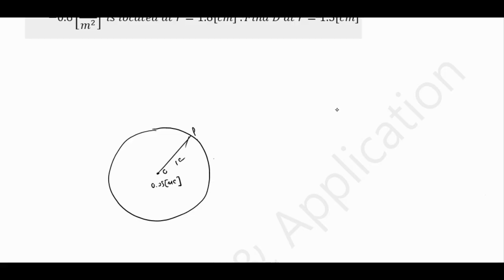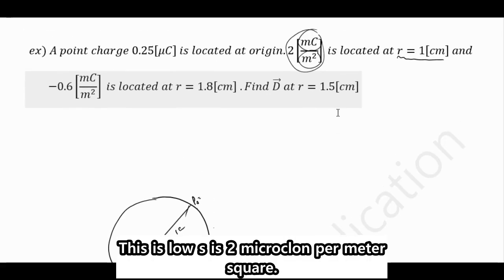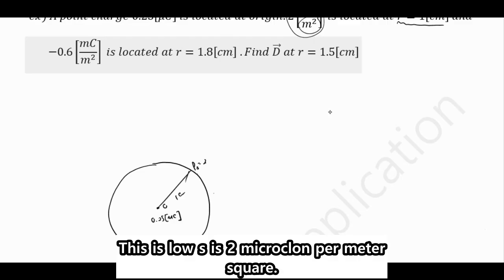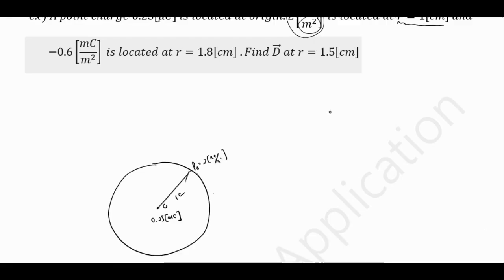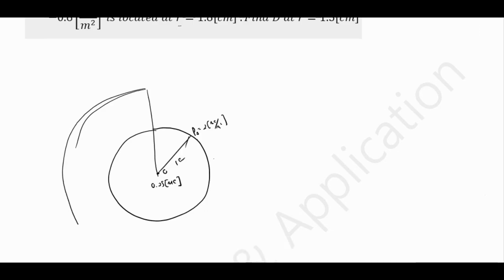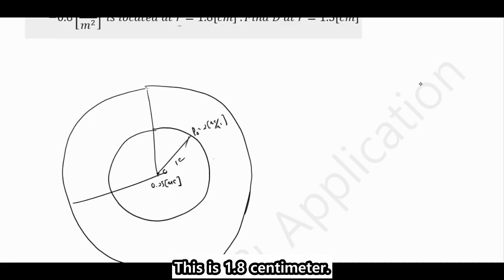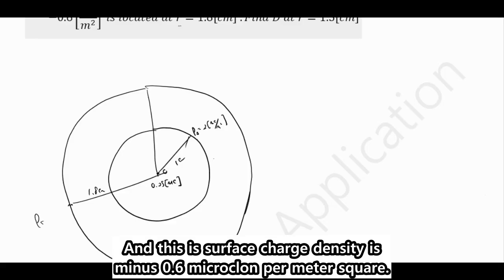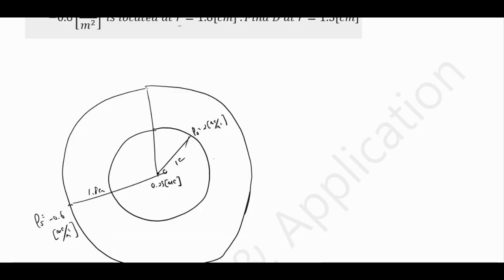This rho s is 2 millicoulomb per meter square, and r is 1 centimeter. So we have another surface at r equal 1.8 centimeter, and the surface charge density is minus 0.6 millicoulomb per meter square.